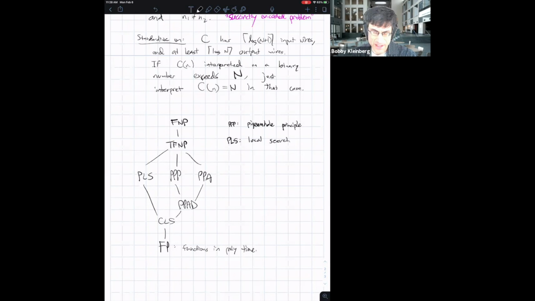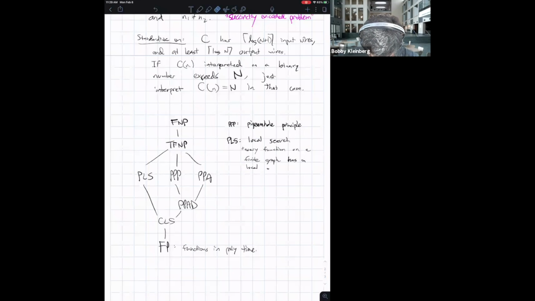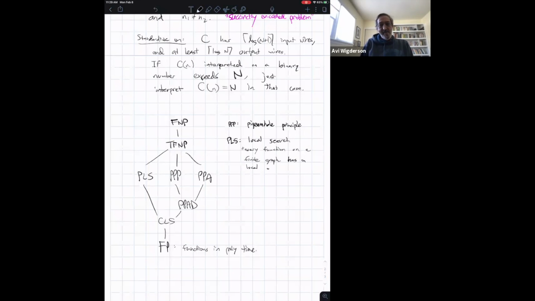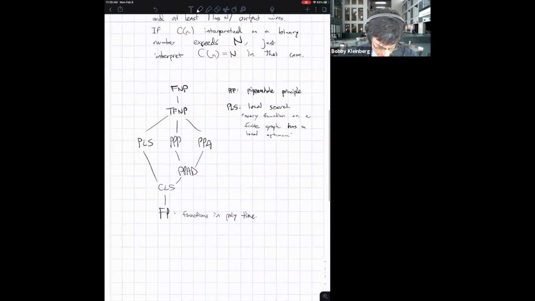Okay, so this is the principle that every function on a finite graph has a local optimum. Don't write too small, Bobby. Oh, yes. Okay. Thanks for telling me. I'll write the next ones larger. Let's see.